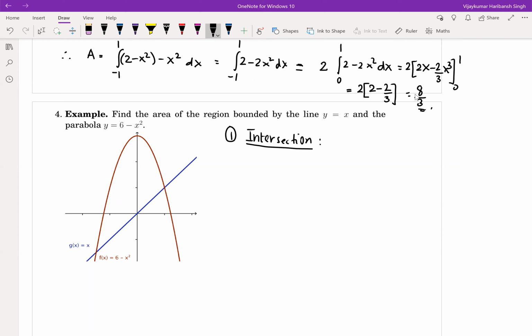Now to compute the intersection, you either equate the x's or the y's. So we'll equate y. We get x equals 6 minus x squared. This gives me x squared plus x minus 6 equals 0. This is a quadratic equation. The solutions are x equals -3 or x equals 2. Now we need to determine the upper function.